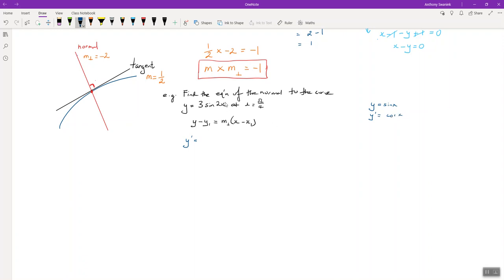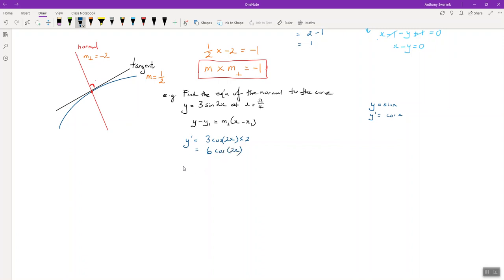And if you have a composite function, we would get 3 cosine 2x, which I'll put in brackets just to make the substitution clearer in a minute, but then times the derivative of the inner part here, which is 2. So let's simplify this, 6 cosine 2x.